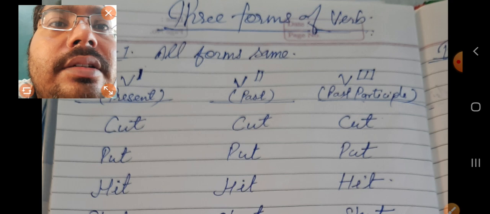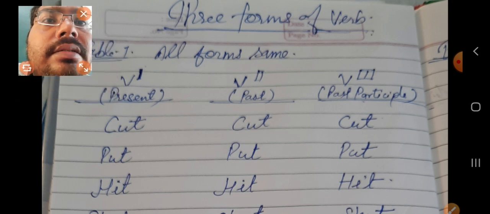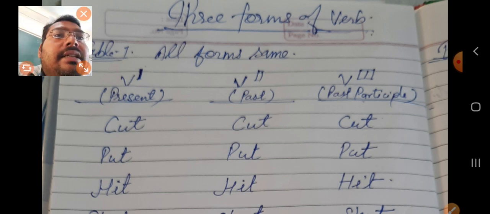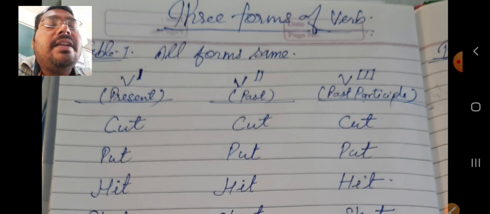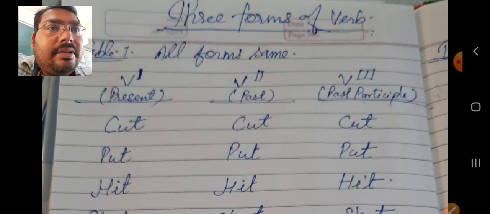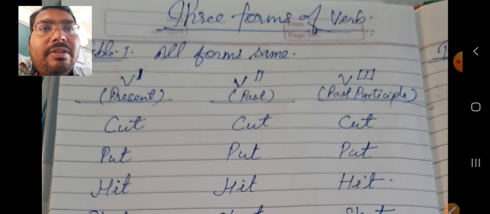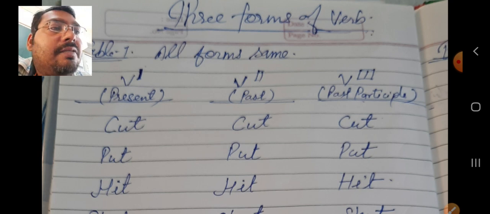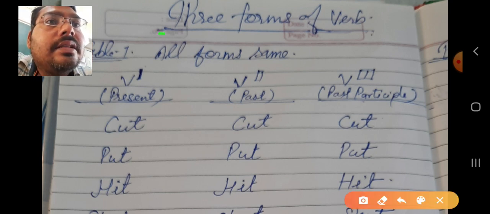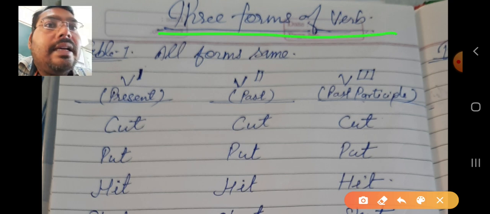Let me shorten this. Now you can see three forms of verb. This is table number 1. You can also make a table in your grammar notebook.